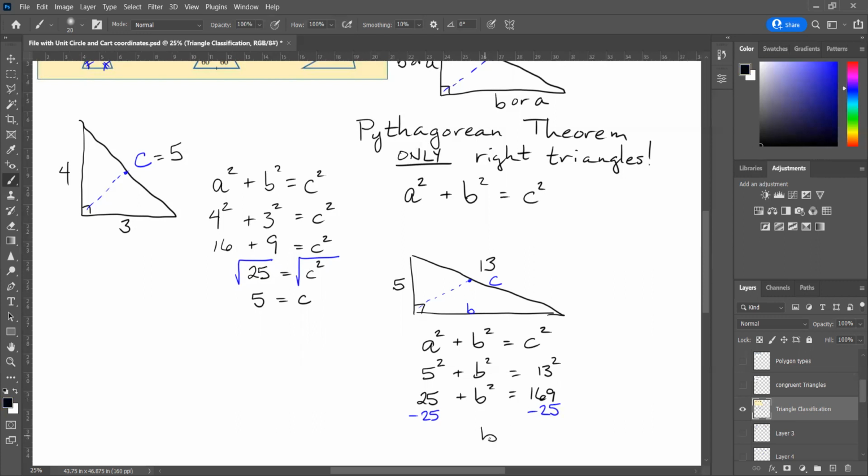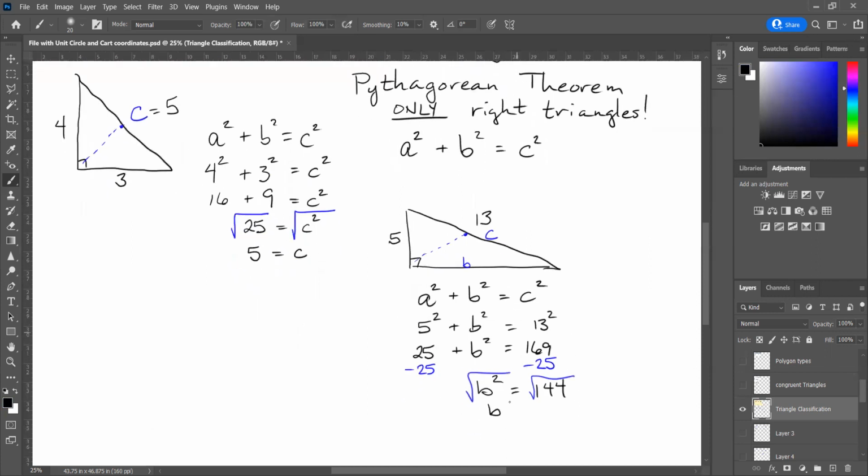And I get that B squared equals 144. And I need to take the square root of both sides because I need B. I don't need B squared. B would equal the square root of 144, which is 12. So that would be the value of this side down here at the bottom. And we've found all three sides of the triangle.